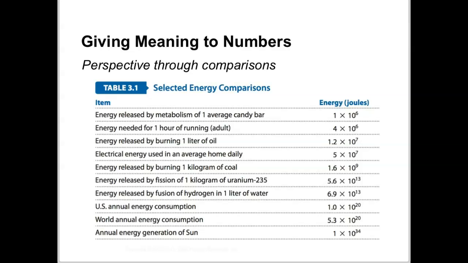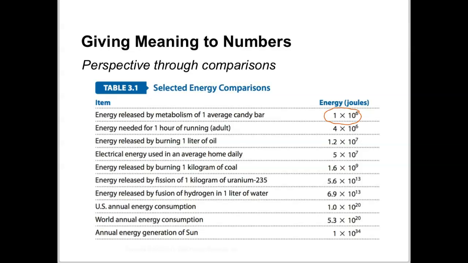All right. So we're going to be using some of these measurements from table 3.1, and you're going to be asked to use them in your problem set as well. So just remember that this table 3.1 is in the slides, which are posted in the module, so if you need to access this, you can. It gives some energy comparisons where we're measuring energy in joules.